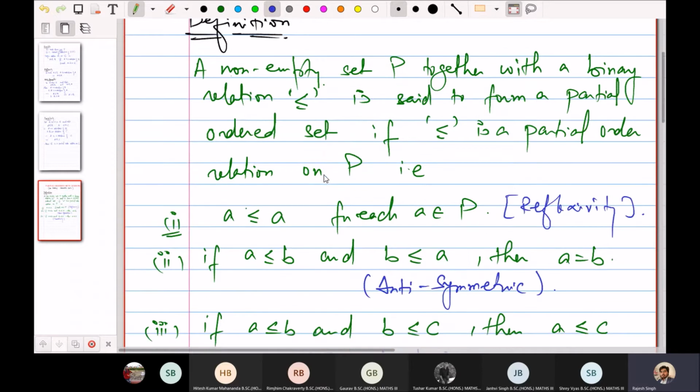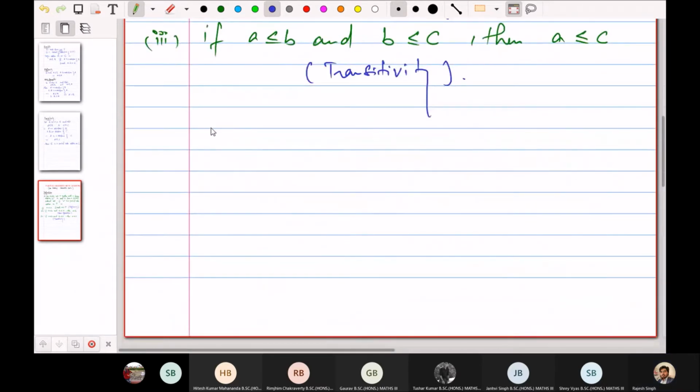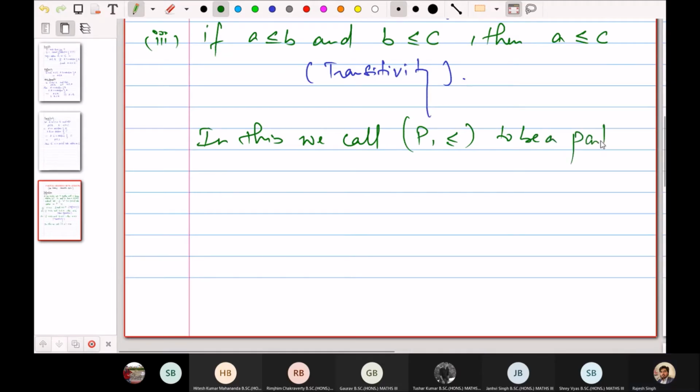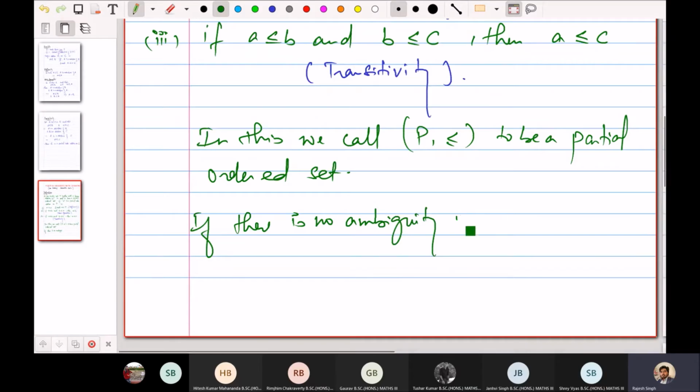So a set together with a relation, in this case we call P with less than or equal to a partial ordered set if there is no ambiguity on the relation less than or equal to under consideration.